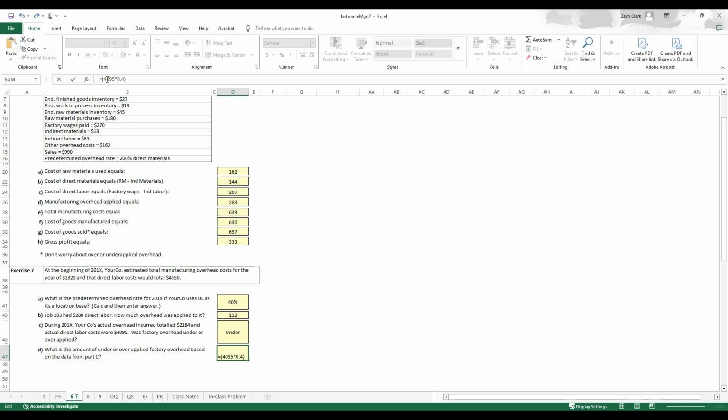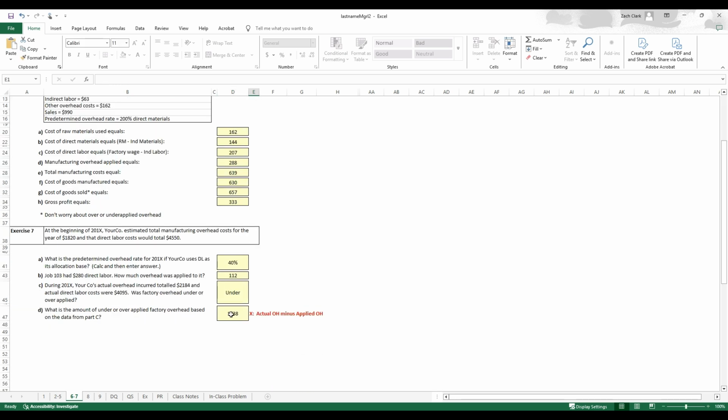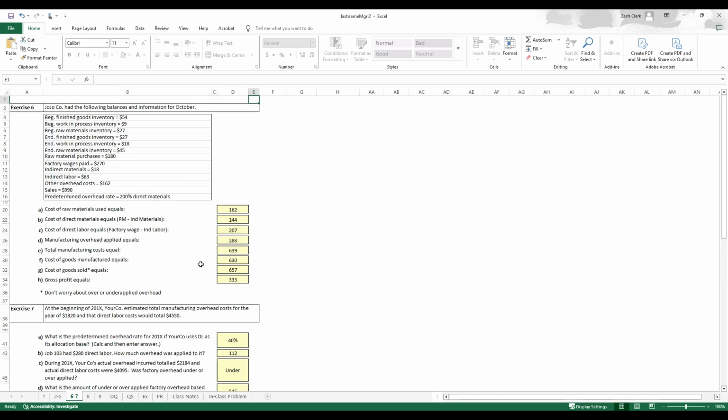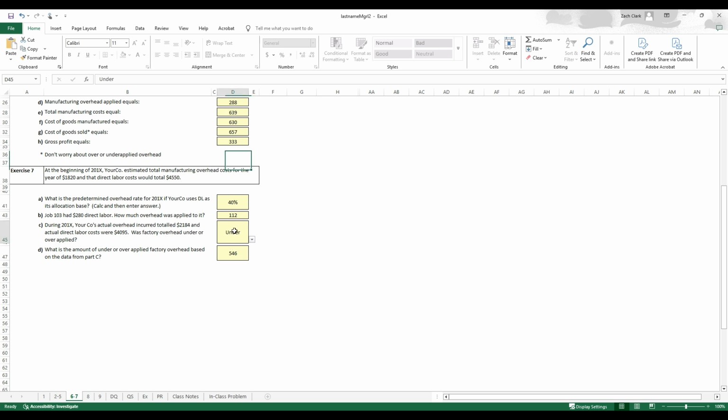Again, you'll get a wrong answer, but I just wanted to show you the 1,638 is what we applied based on taking 40% of the direct labor costs. But when we actually came to the end of the year and said, oh, we actually incurred 2,184, that is more costs we incurred that we didn't pass along correctly because our predetermined overhead rate was a little too low.